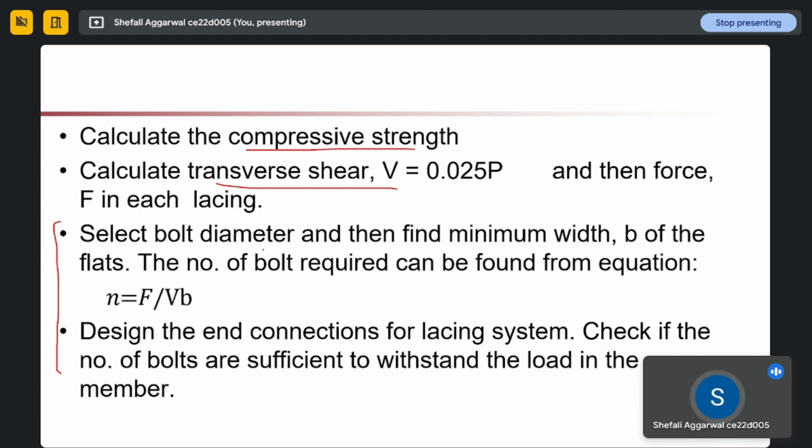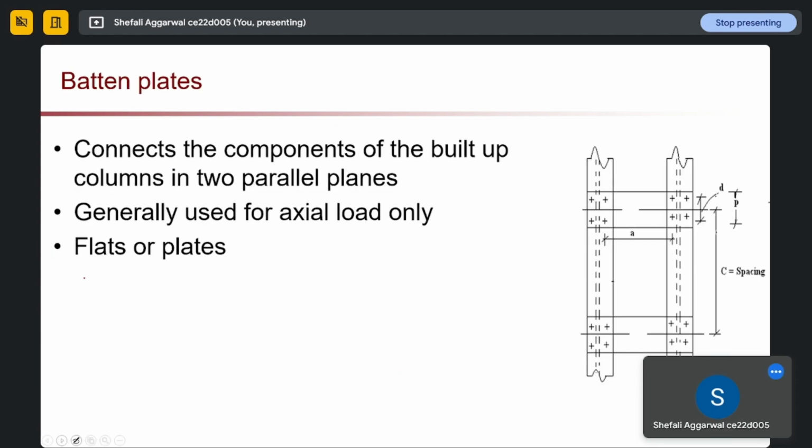We will select the bolt diameter, find the width, and then the number of bolts required. Then we check if the number of bolts is sufficient to withstand the load on the member. So this was the basic design pattern for the lacing system.